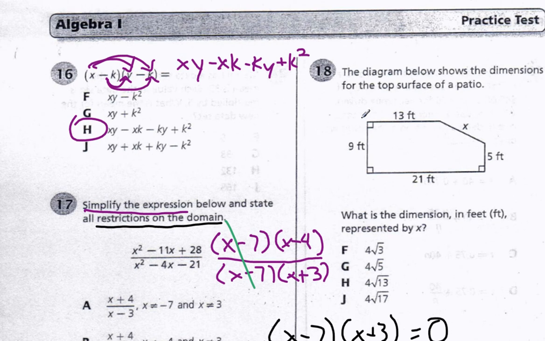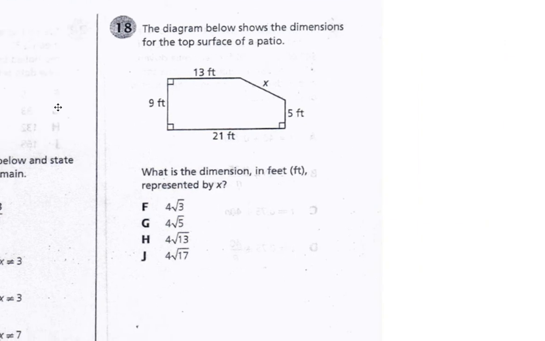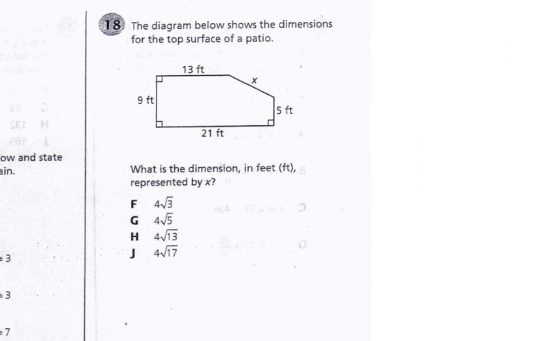Alright. A lot of people are asking about this one. The diagram shows the top surface of a patio. What is the length of x? So this is a fancy problem. What it comes down to is we're missing this side here. And so we think, how can we find missing sides of shapes?